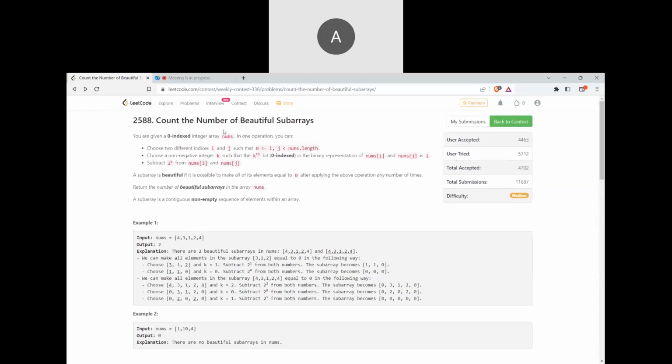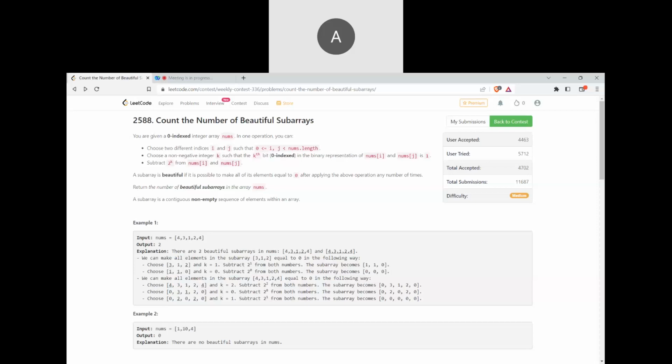Here, a beautiful subarray is stated such that we can choose any two indexes i and j, where i must be less than j and j must be less than nums length. And we have to choose a bit k, such that in the binary representation of both those numbers, the bit is set.